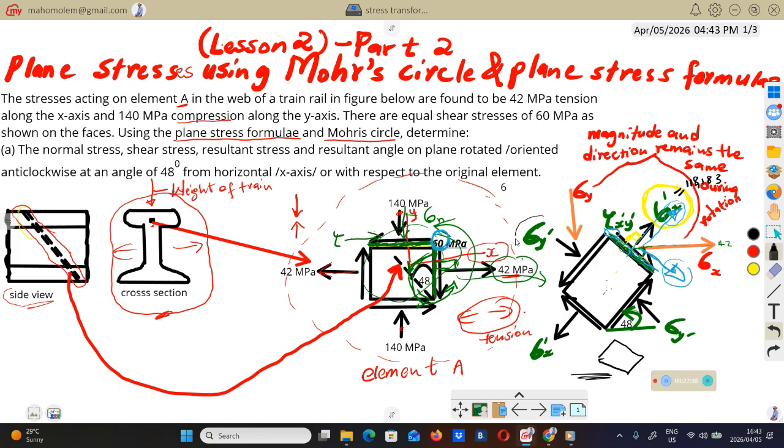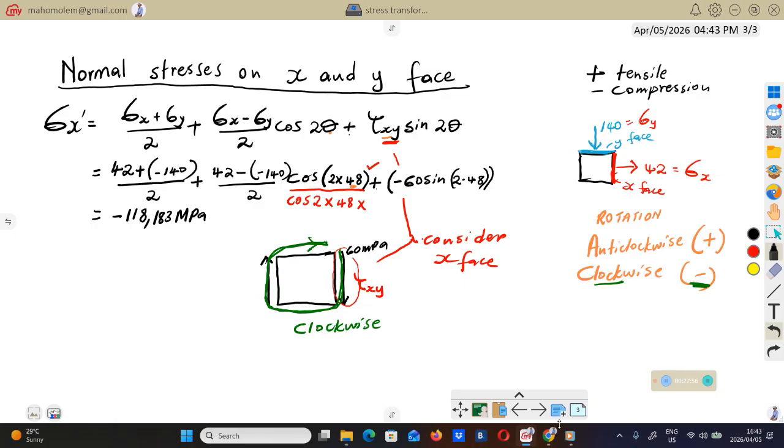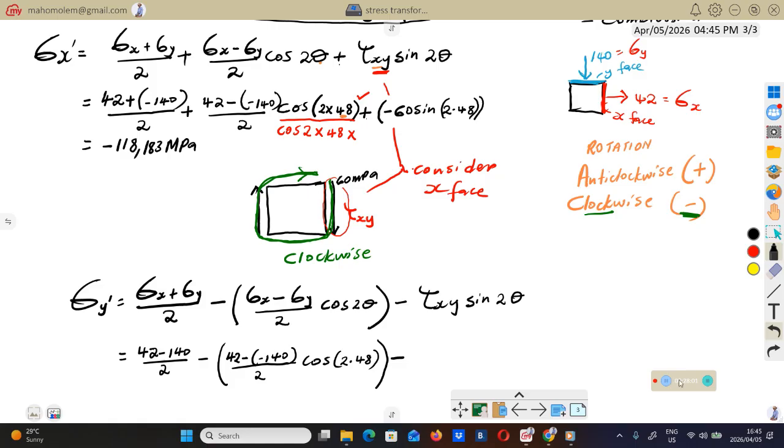Now let's find the stress on the y face. This is y face. The normal stress on this face, which is the y face. Yeah, so this is the formula you substitute. Remember we said that the shear stress on the x face is going to be clockwise, and clockwise is negative.